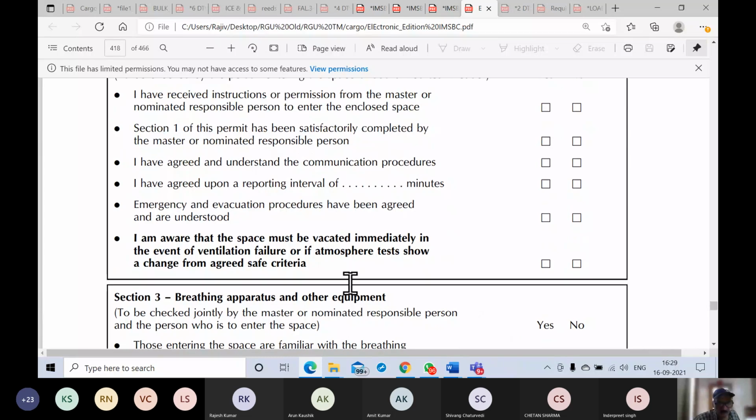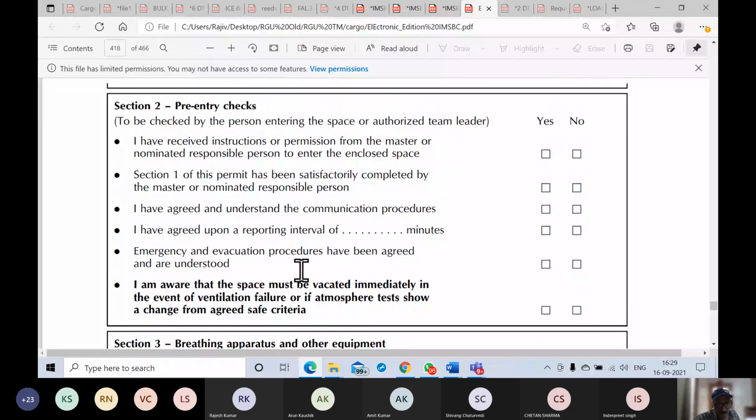You see, even the person entering is giving a vouching that he will vacate the space immediately if ventilation fails or atmosphere tests show a change from the agreed safety criteria. So all this is very important and will figure in your pre-entry checks and RA.